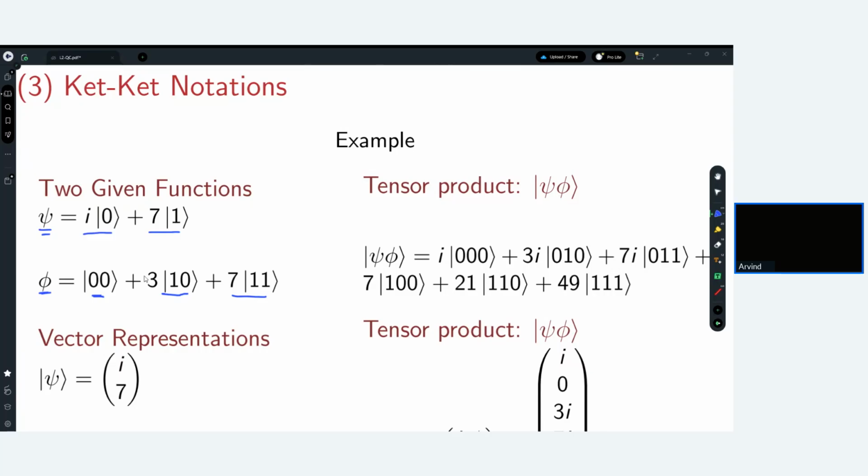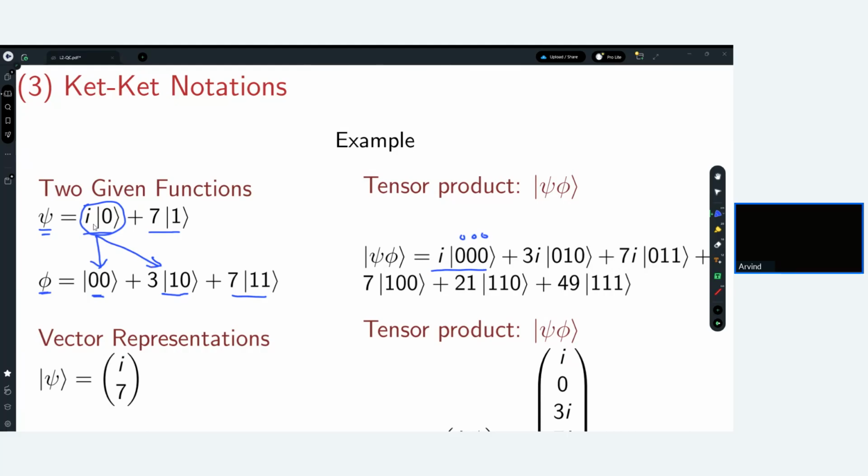To calculate the tensor product, first multiply i times ket 1 0 with the first element of the second, and you are going to get i ket 00.